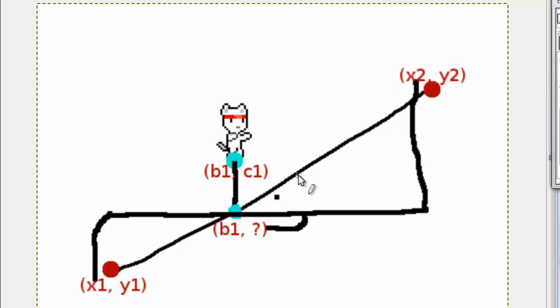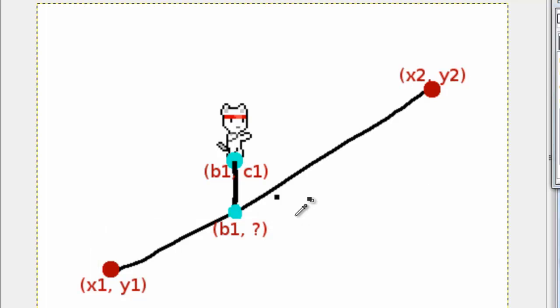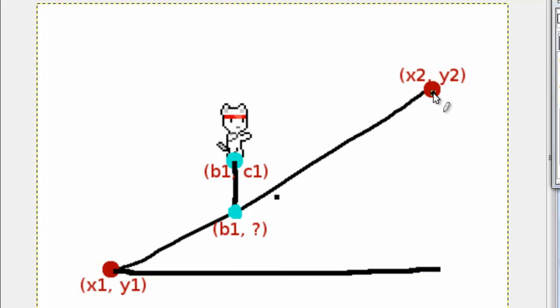Everything will then be almost the same as what we did before on hit platform. So without further ado, let's move on to the law of similar triangles. We have a big triangle here, and we have a small triangle here.